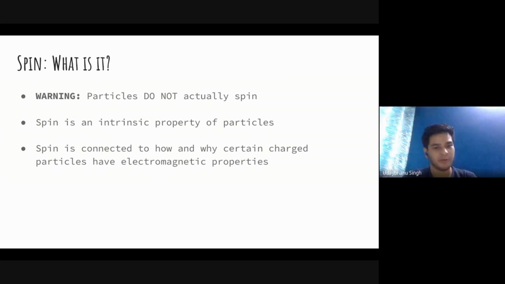So usually, if you look up what spin is, any website or any article would tell you that it's an intrinsic property. So it's something that exists just because it exists, right? And that's not very helpful to us, because that's usually not what we try to do in science, right?